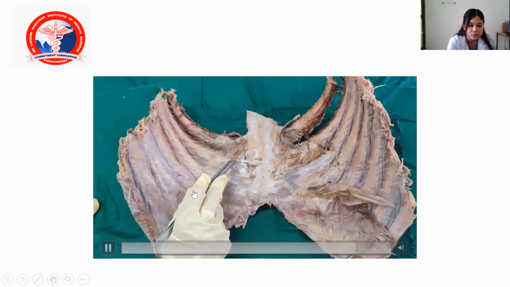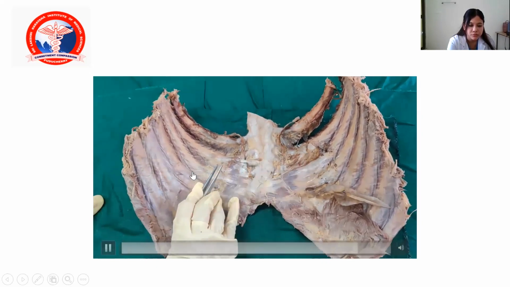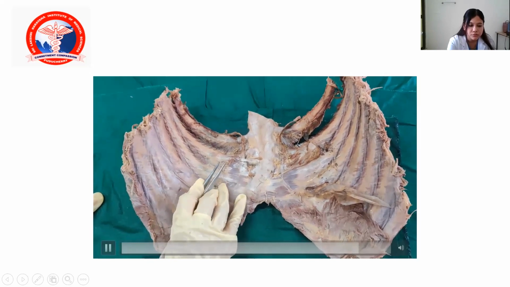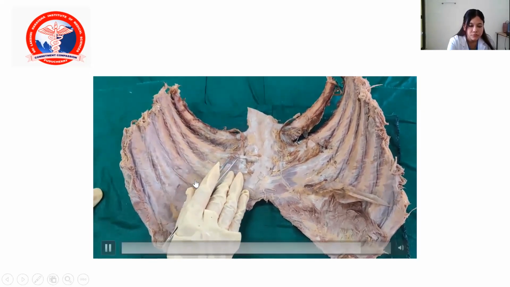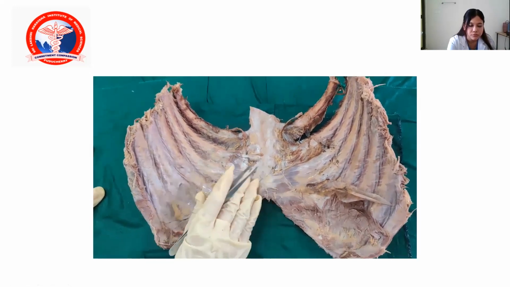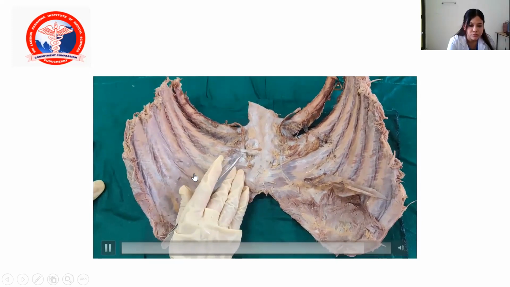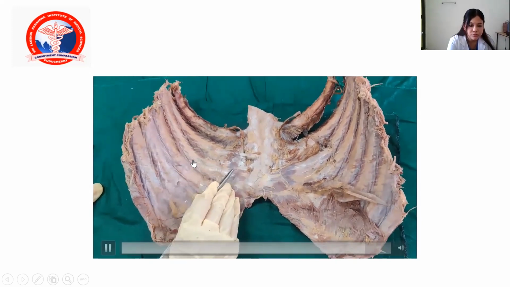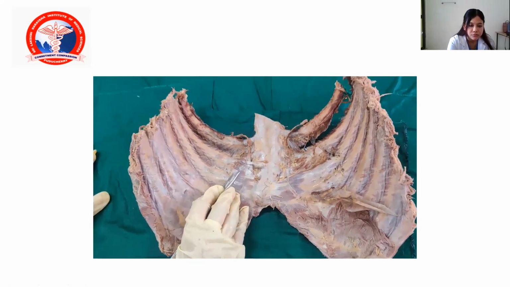Whereas for the posterior intercostal veins on the left and right side, the first one drains into the superior intercostal vein, which ultimately drains into the brachiocephalic vein. Then the second, third, and fourth drain into the azygos vein.